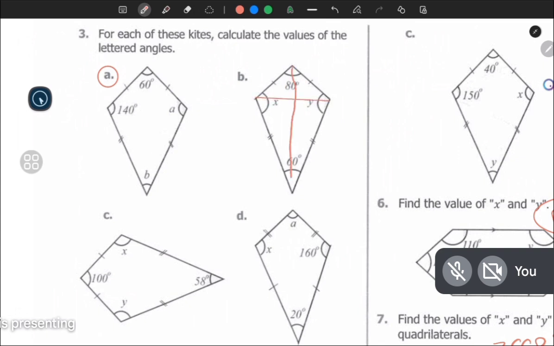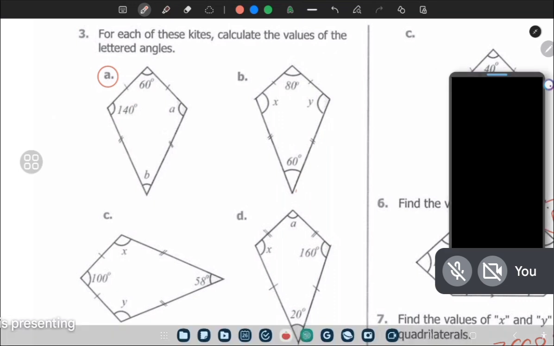When these lines bisect, it's at 90 degrees because they're perpendicular, right? And all of the angles when summed up make 360. So solve these.